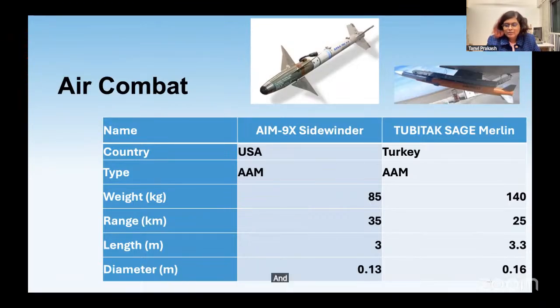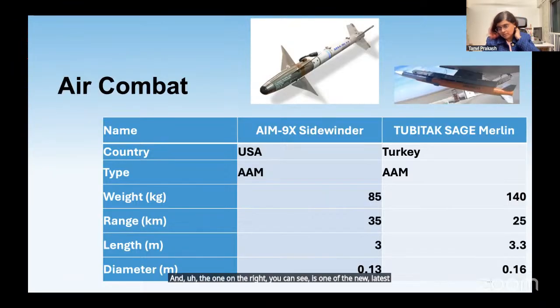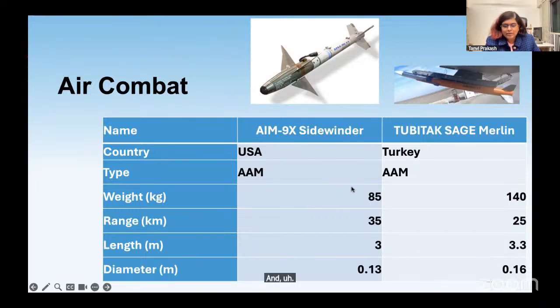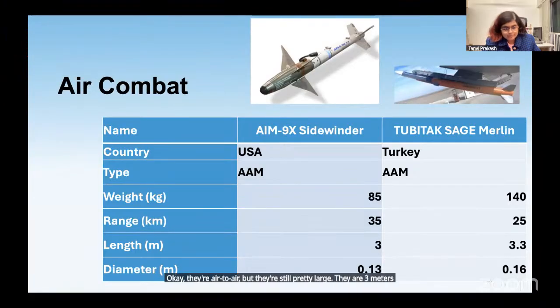And the one on the right you can see is one of the new latest weapons which Turkey has come up with, which, we don't know, but could have been used in recent conflicts of last month. And now I want to again draw your attention to how big these are. Okay, they are air to air, but they're still pretty large. They are 3 meters in length.